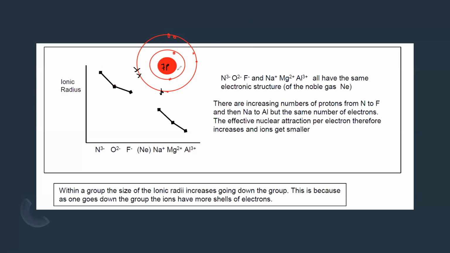But why is oxygen smaller? Because oxygen has a greater nuclear charge. When I draw oxygen, it has 8 protons, and these 8 protons are attracting 8 electrons in the outermost shell.